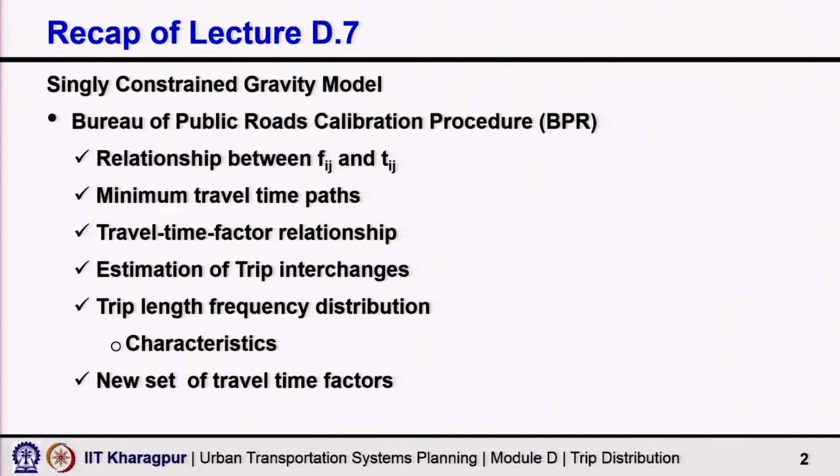In lecture 7, we discussed in detail the calibration of friction factors using the BPR method. I would like to remind you once again what we did in the calibration procedure. Basically, we tried to match the trip length frequency distributions as observed from the field and as obtained from the gravity model.